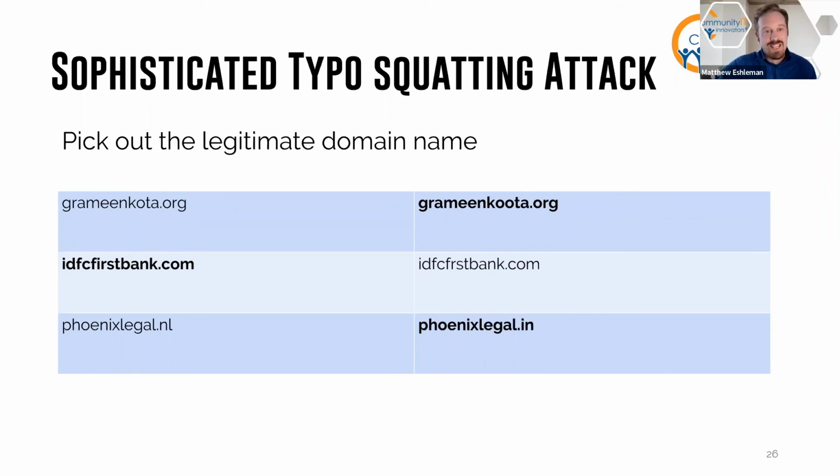K-O-T-A is not. I think people figured out, yes, IDFC First Bank has an I. The fake First Bank is missing an I. And then Phoenix Legal, we see the same domain prefix, different suffix there. So we have Phoenix Legal registered in the Netherlands versus registered in India. In this case, we're talking about an organization that was actually working in India. So we can see amongst the audience, we got some folks that would have gotten taken.